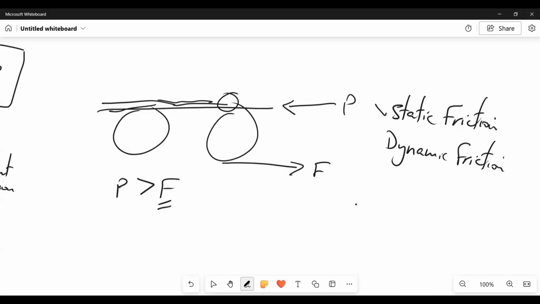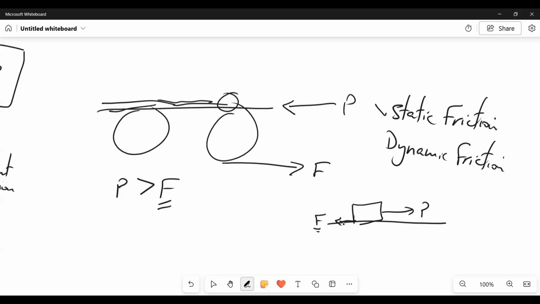So let's go back. We have an object here. I'm going to use a horizontal force P, and friction is going this way. So you will find that when you have an object and you start to exert a force, this frictional force increases to the point they call the limiting static frictional force.